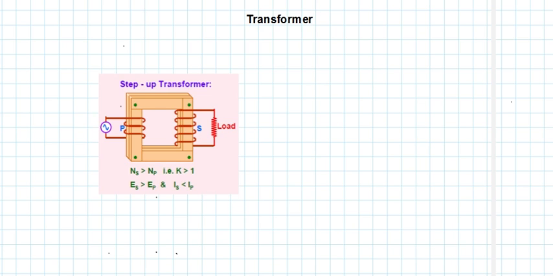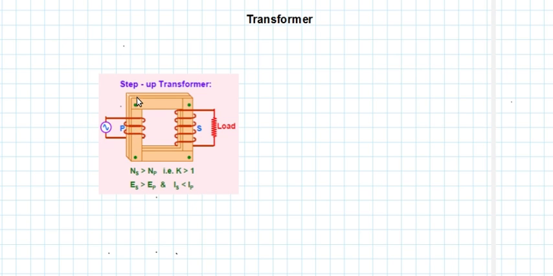Before going to these transformer losses, first we may identify the two types of transformers. One type is the step up transformer. Here is the picture of a step up transformer. Step up means the voltage will increase from primary to secondary. We may note the number of turns of primary and secondary.